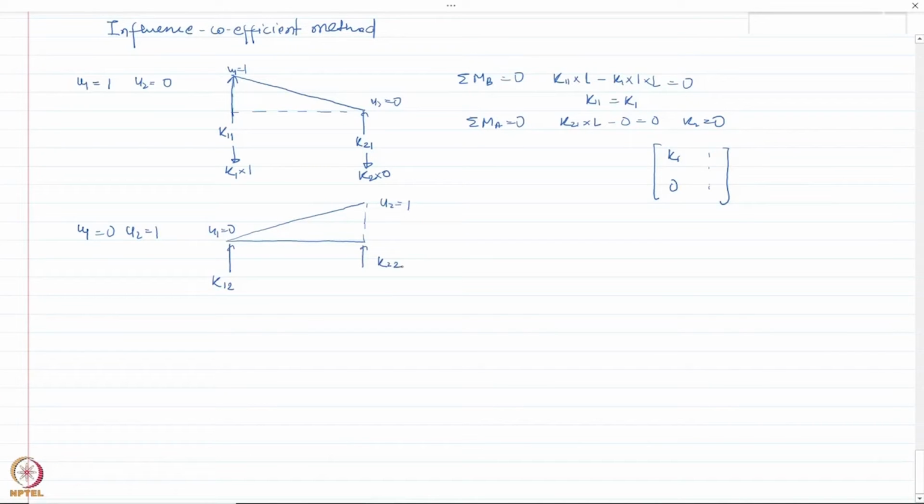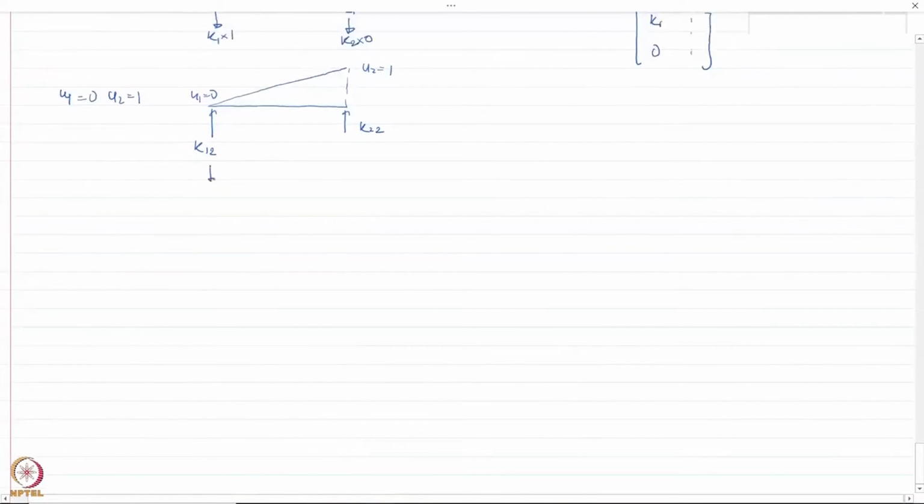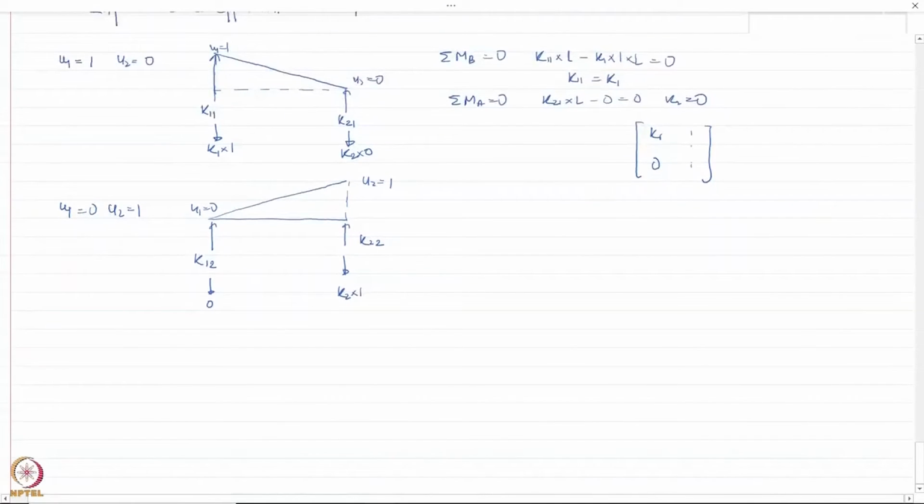Subject to this deformation state, the spring forces are 0 at this point and K2 times 1 at this point. Again, utilizing the equilibrium equations similarly, I can get K12 as 0 and K22 as K2. So I have obtained the stiffness matrix K1, 0, 0, K2. Although I have demonstrated for 2 degrees of freedom, we can extend it to any number of degrees of freedom.